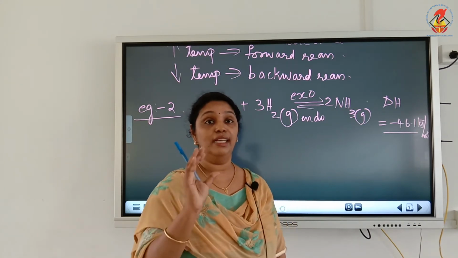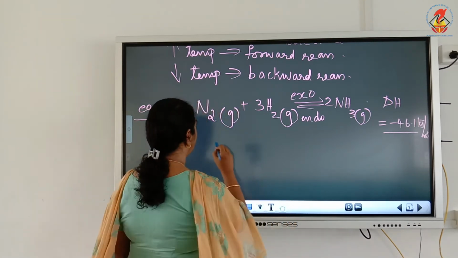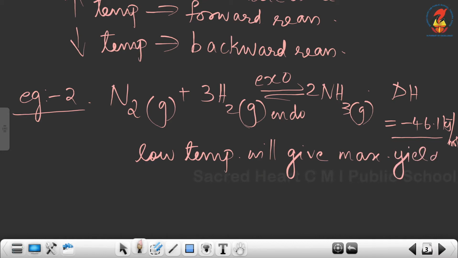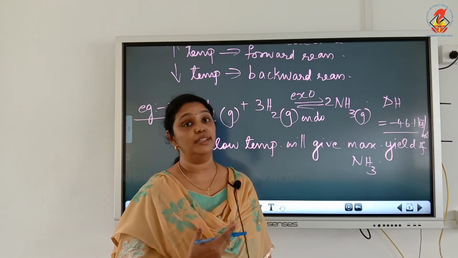So this is a condition to get maximum yield of ammonia, that is low temperature will give maximum yield of ammonia. So when you manufacture ammonia gas, this is one of the very important conditions to be noticed.